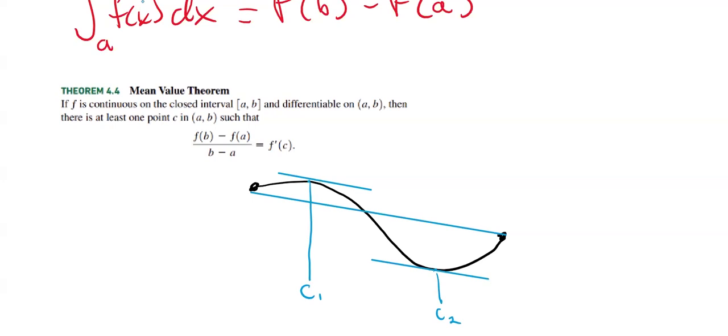So in this case, it's 2 points. If we look at the average rate of change, that's represented by this line going from the beginning point to the end point, and we see the slope there. Well, the tangent line at 2 places in this case is going to be the same slope as this slope. That's what this mean value theorem says.